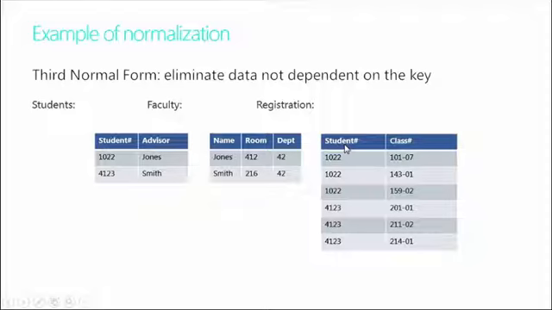So we've taken this spreadsheet, or this unnormalized table, and created three different tables out, and we've applied first normal form, second normal form, and third normal form to get to what's called third normal form in the normalization process.